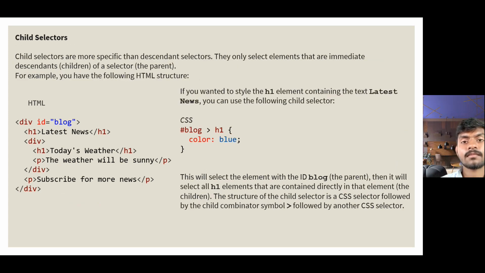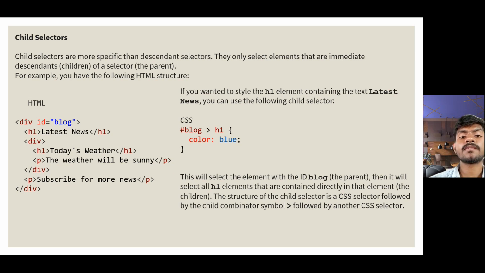Child selector. Child selectors are more specific than descendant selectors. They only select elements that are immediate descendants of the selector. Here, descendants are children, and the upper one is the parent. For example, here we have HTML code, which is the same as the previous one, and the ID is blog.